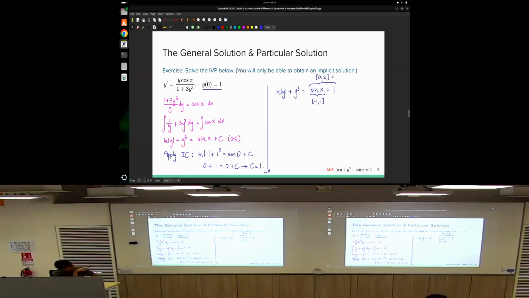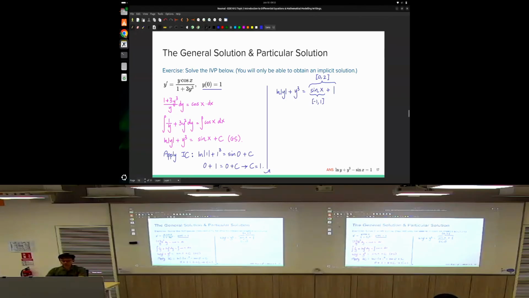Agree? So this goes to show that your y value cannot be negative. Because if y is negative, then y cubed is negative, and because y cubed grows faster than ln y, in this case you need this expression to be positive. When y cubed is bigger than ln y, y cubed is always bigger than ln y.